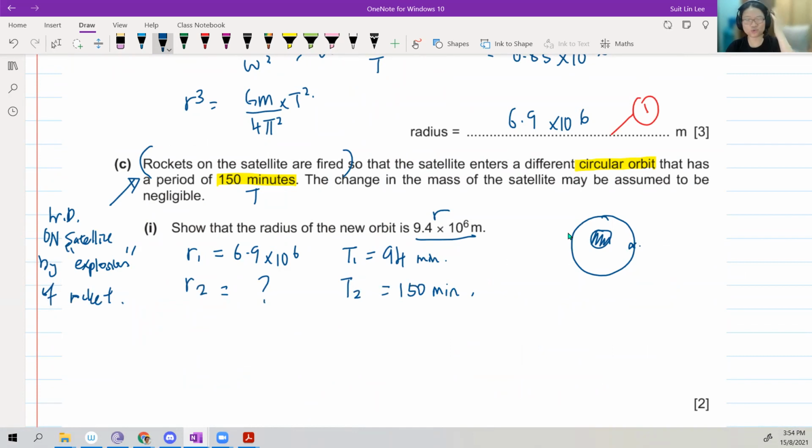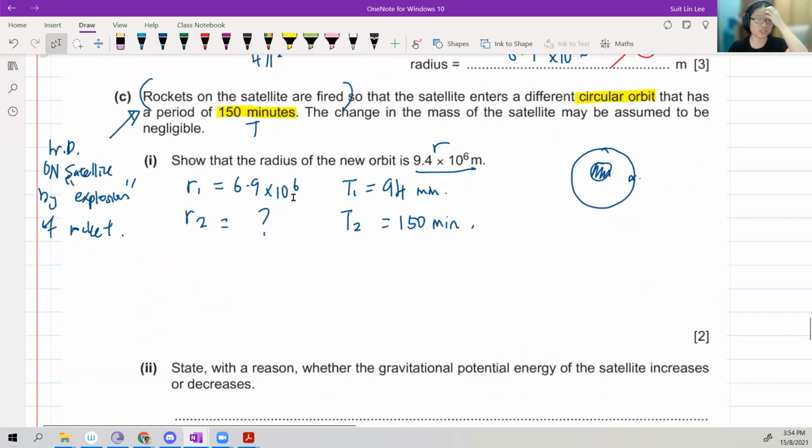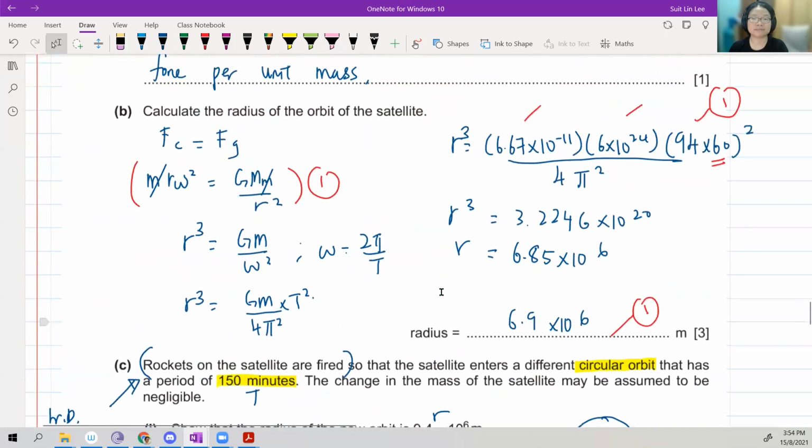So we have to come up with a relationship between R and T. The best way is to trace back. How did you find your R from the first period, 94 minutes? Because we are still talking about the same planet, the mass is the same. G and pi are always the same, so we don't even need to think about them. So from here, I can see R cubed is proportional to T squared.